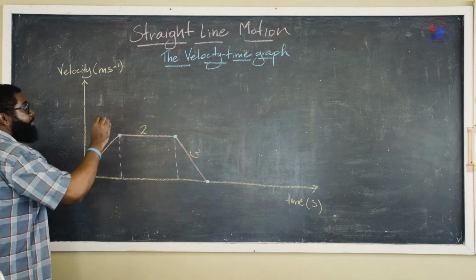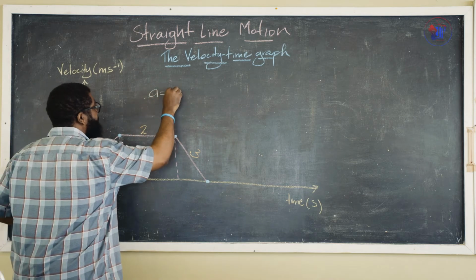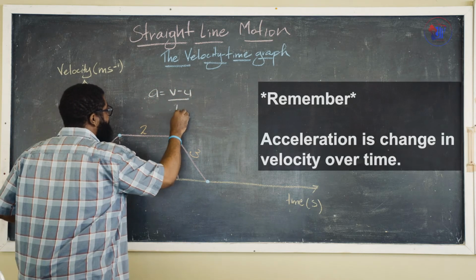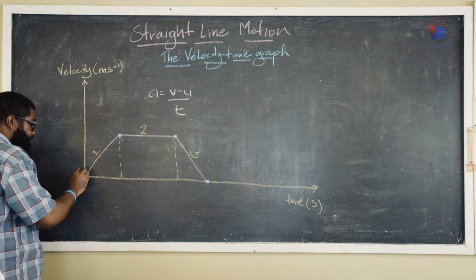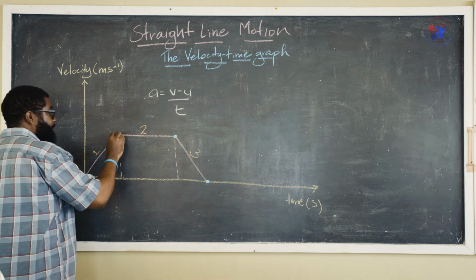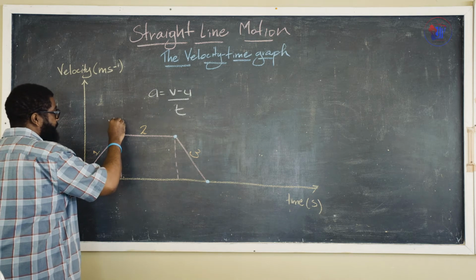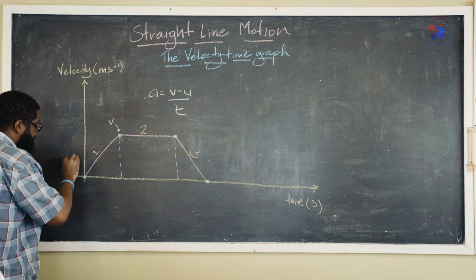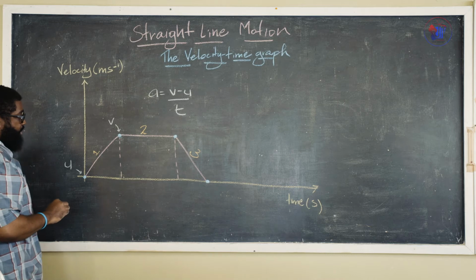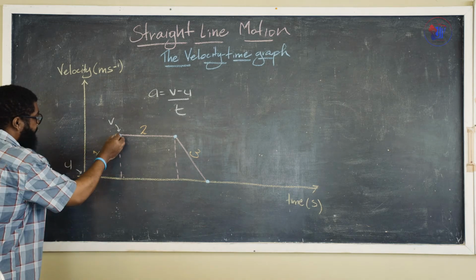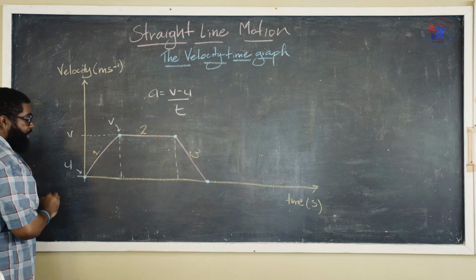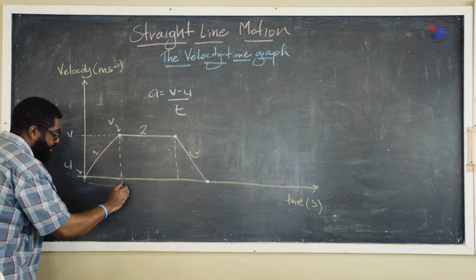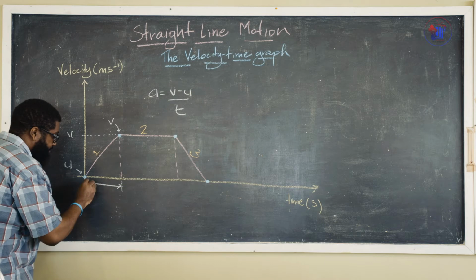Now, remember this little formula? Acceleration is change in velocity over time. So this is where we start, this is where we end. V is where we end, and U is where we begin. So if you notice, V is much higher than U. And this here, this is our time.